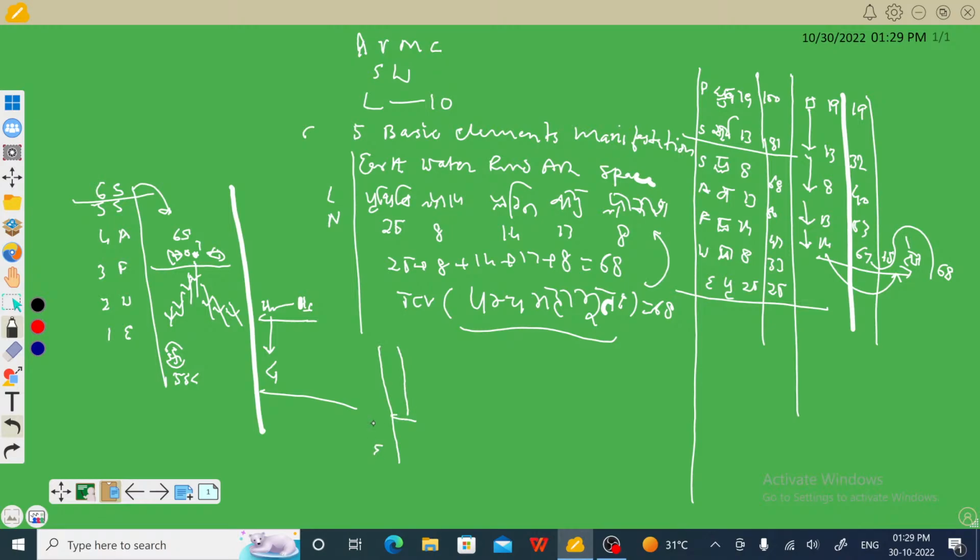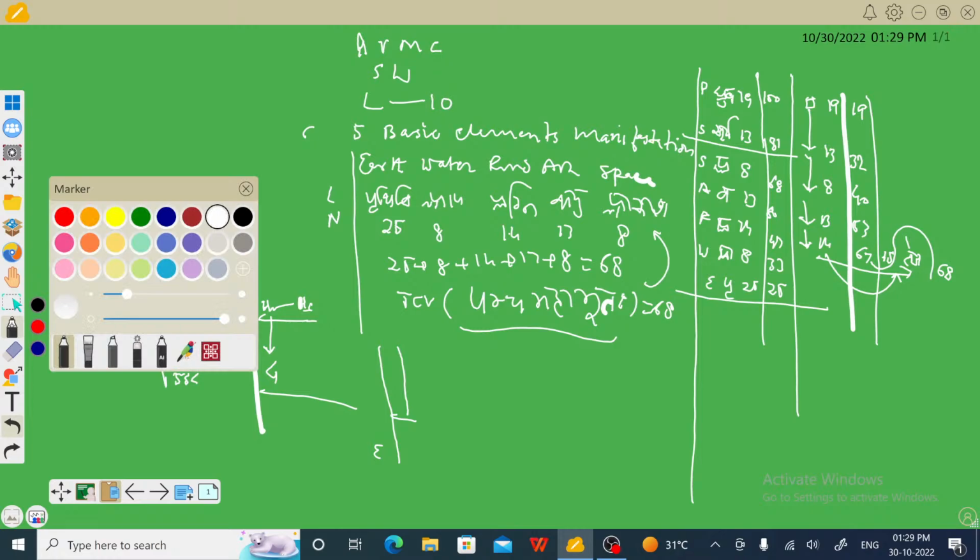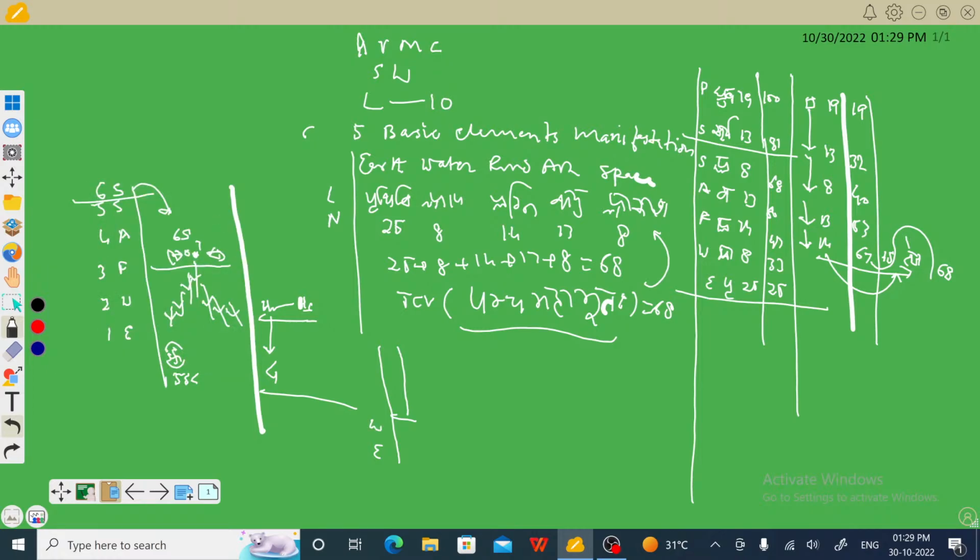This is earth, water, fire, here it is air, here is space, here is sun, and here is pole star. So from 1, 2, 3, 4, 5, 6, and 7, and reverting back, we know this makes ascending value 100 and descending value 168.